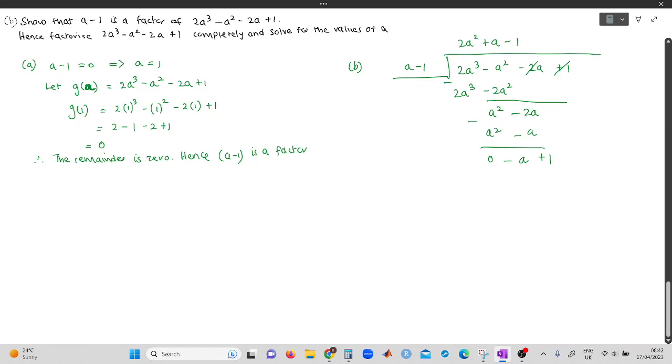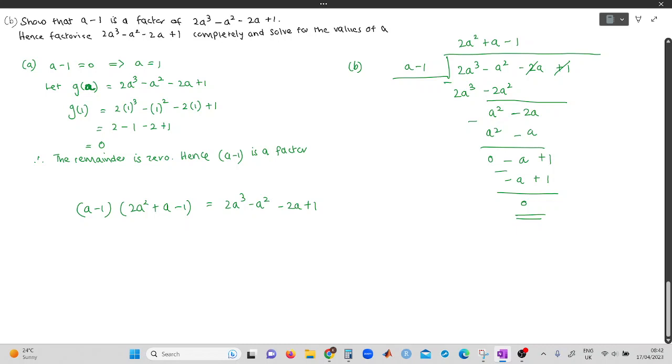Quand je multiplie, je vais avoir minus a plus 1. So when I subtract, I will get 0. Therefore, a minus 1 being multiplied by 2a squared plus a minus 1 is equal to my cubic polynomial of 2a cubed minus a squared minus 2a plus 1. Voilà, tout simplement.